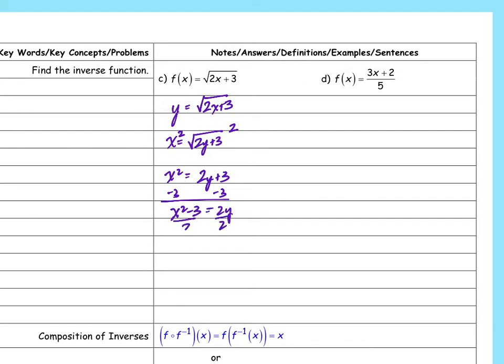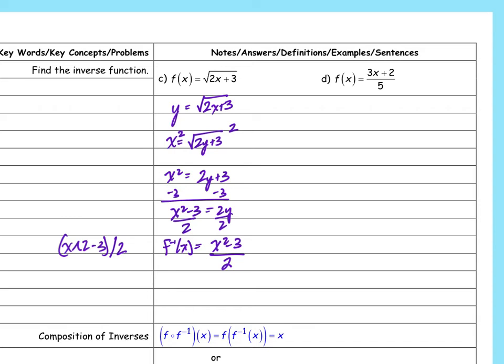Divide by 2. So f inverse of x is going to equal x squared minus 3, divided by 2. And if I was putting that into the chat box, it would be x, caret key, squared, minus 3 in parentheses, and then divide by 2.